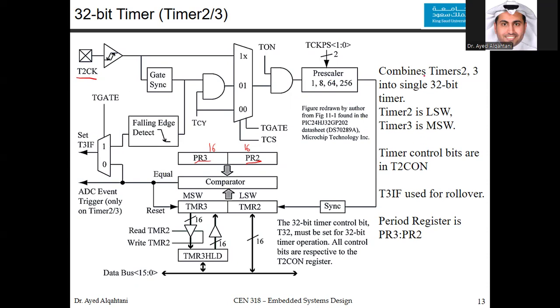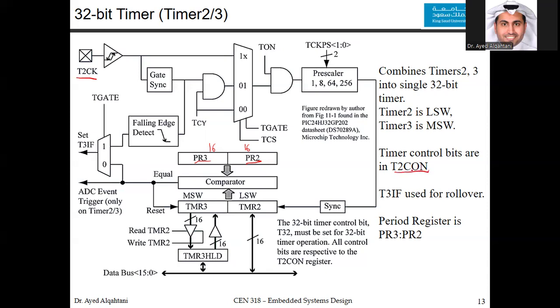That's what we said here, combining timer 2 and 3 into a single 32-bit timer. Timer 2 will be the least significant word, or the least significant 16-bit word. Timer 3 will be the most significant 16-bit word. Timer 2 control bits are the timer 2 control register.